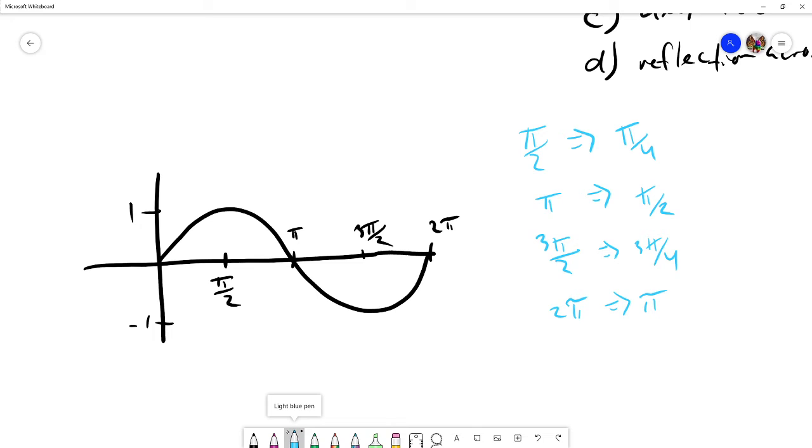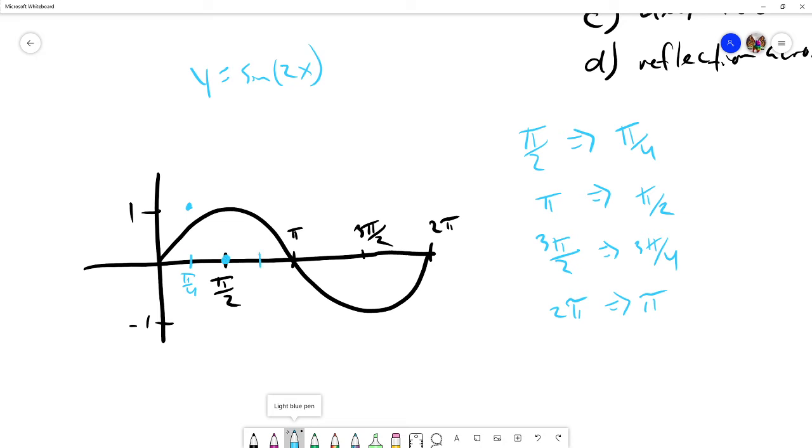So we can think of it this way. If we want to graph y equals sine of 2x, okay, then when you plug in pi over 4, that's going to be the same thing as sine of pi over 2. Right? That means for our pi over 4, we're already up here. And our pi over 2 is going to be acting like a pi.